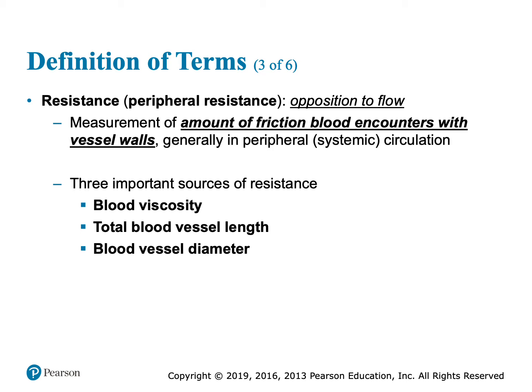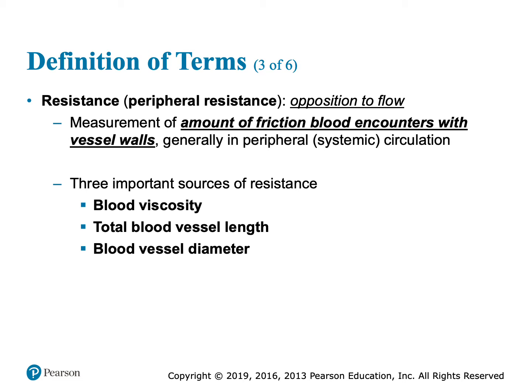So you can probably guess, let's think about this, blood viscosity. For the most part, do you think that your blood stays the same thickness? That's what blood viscosity is. How thick is your blood? Total blood vessel length. You think for the most part your blood vessel length stays about the same? And then blood vessel diameter. Does that diameter stay the same?